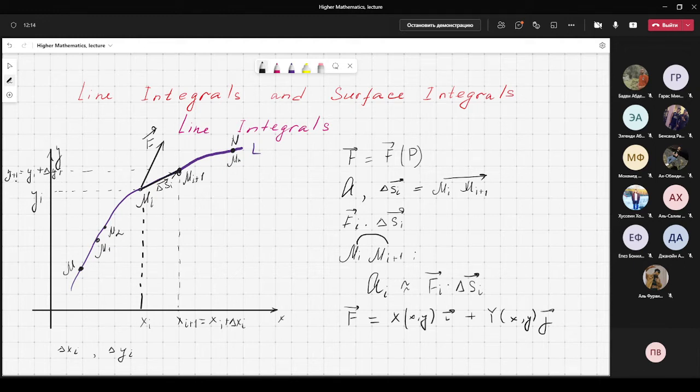Here delta y i and delta x i are distances.